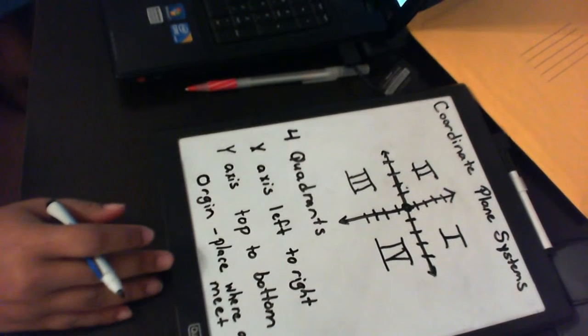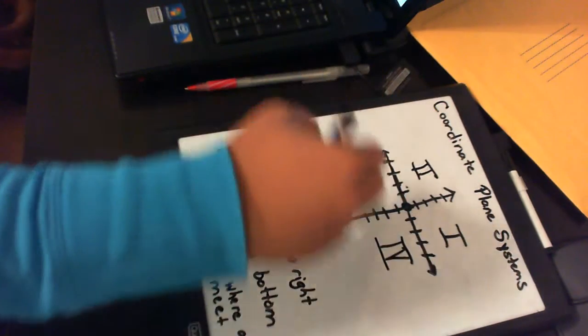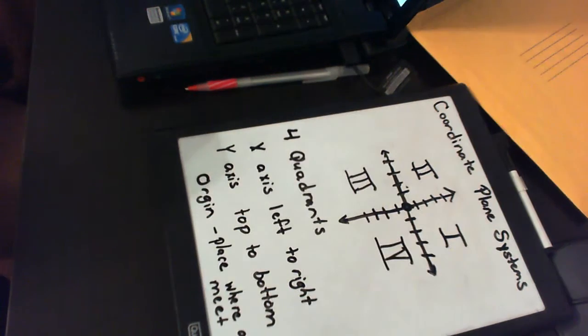If you make sure you're familiar with these terms, then when we actually dive into our lesson on the next video, you will be ready and you won't be confused. So make sure you know where to put the 1 for first quadrant, and you go counterclockwise, which means backwards, till you get to 4. Make sure you know that there are 4 quadrants.